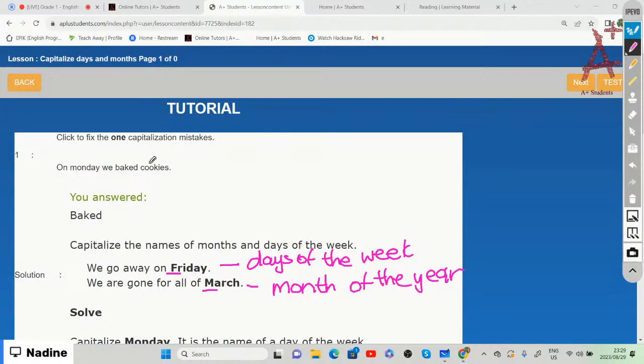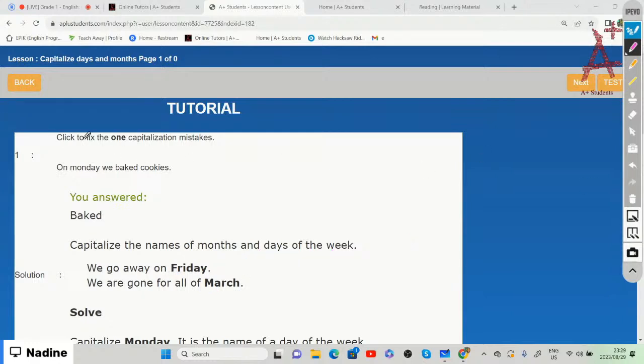All right, so now click to fix the one capitalization mistake, right? So we are going to underline the capitalization mistake and write the correct answer, the correct word, the correct form next to the sentence. On Monday, we baked cookies.